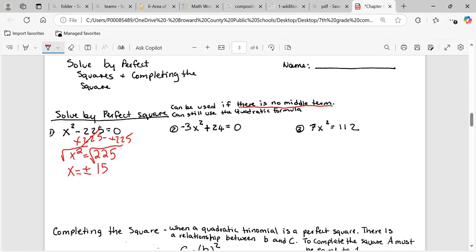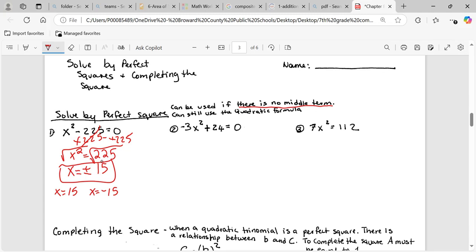Now that plus or minus in the middle is just going to tell us that x is equal to positive 15, and x is also equal to negative 15. It tells me there are two solutions to this on a graph, two solutions for x.